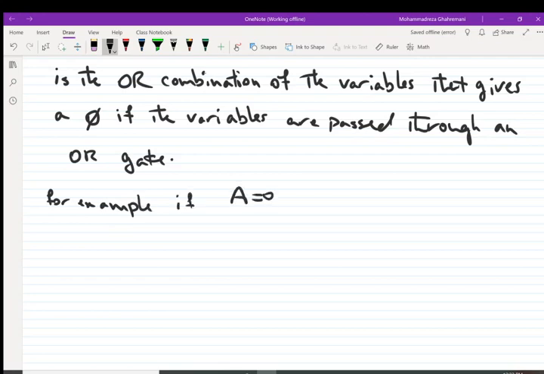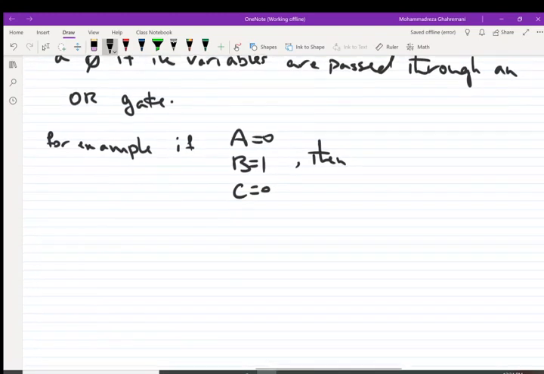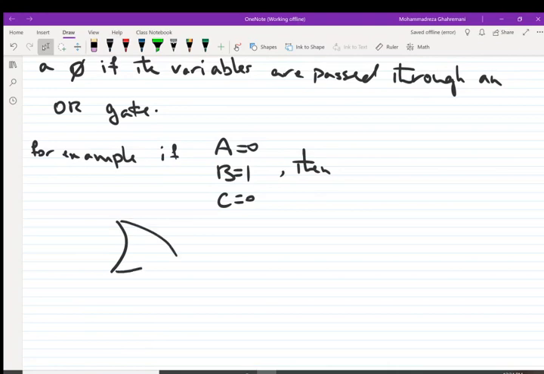if A is 0, B is 1, and C is 0, then before writing the answer, let's see which combinations of A, B, and C should be applied to an OR gate so that the output is 0.